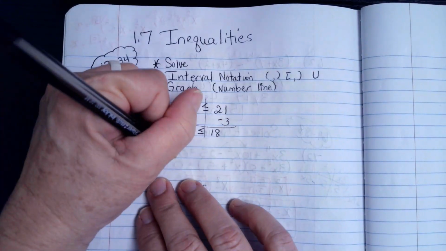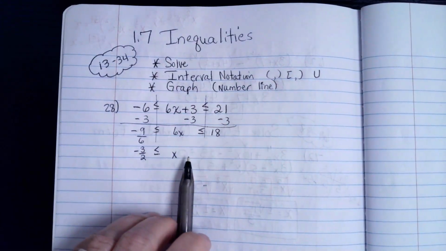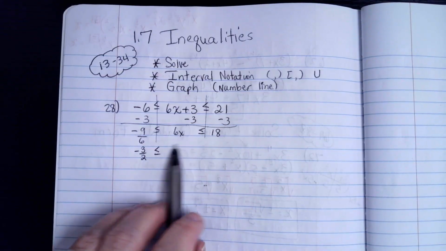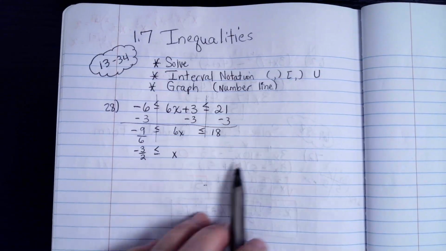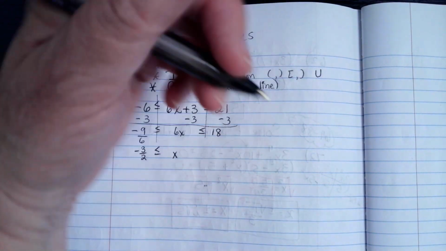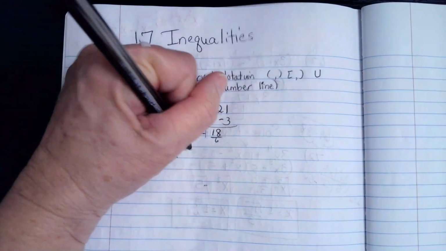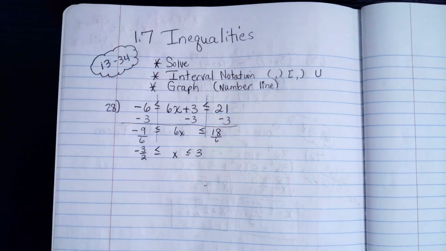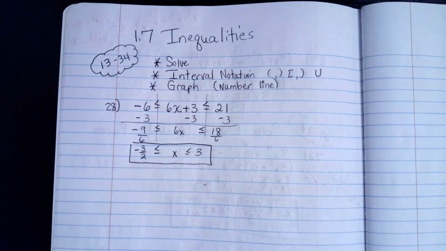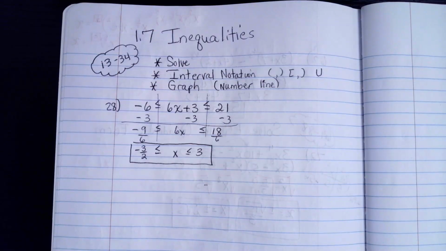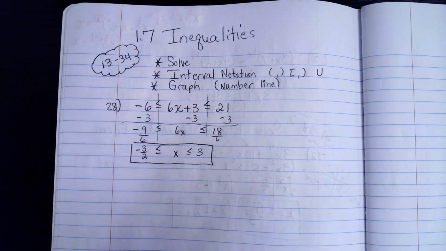X is alone in the middle. I didn't divide by a negative, did I? It's only if the thing with X was negative, these would have had to switch to greater than. And then 18 divides by 6 really nicely. What's that? Okay. This is the solution in inequality form because it's got the inequality symbols in it.